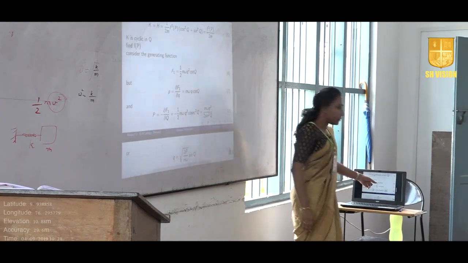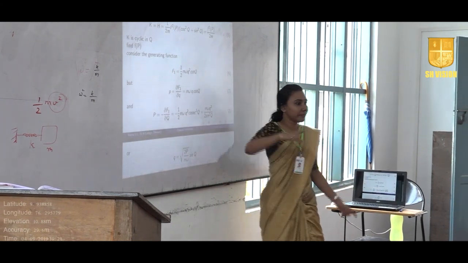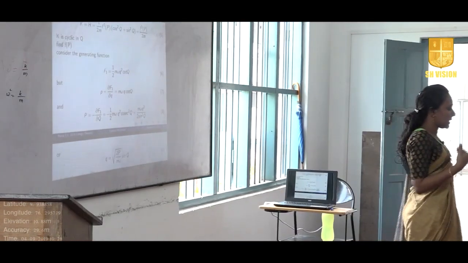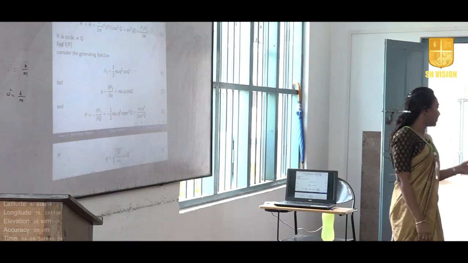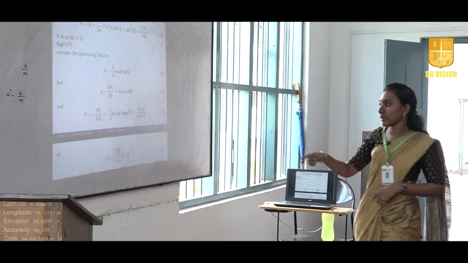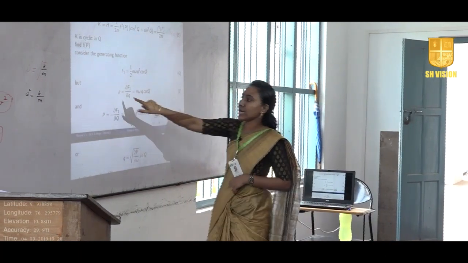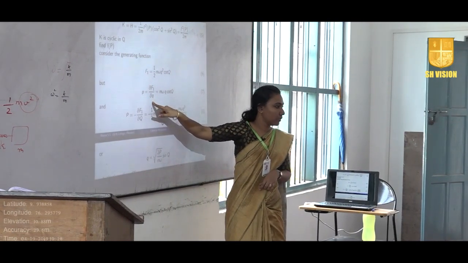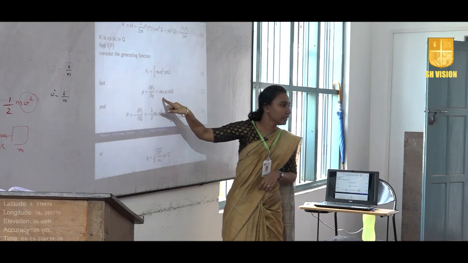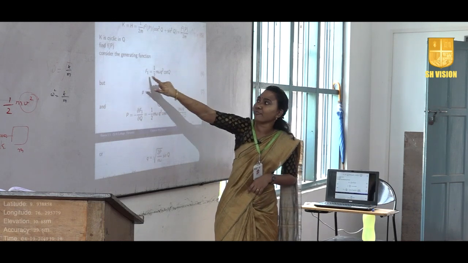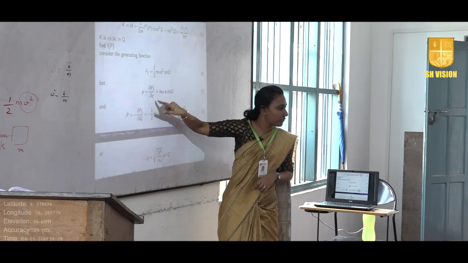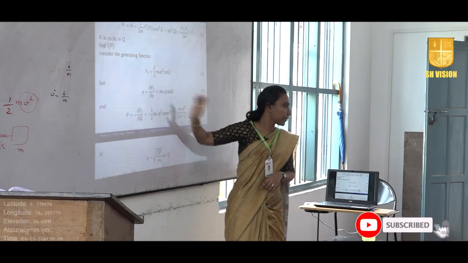So what is p from the type 1 case? We have already seen this in the last class. For type 1, you get p equal to dou F1 by dou q, where F1 is this quantity and you have to find dou F1 by dou q.